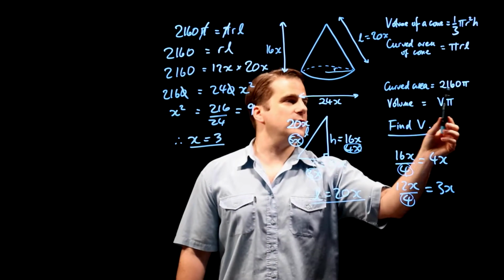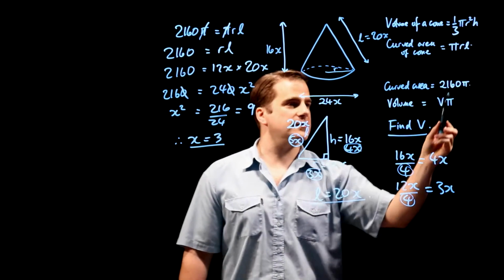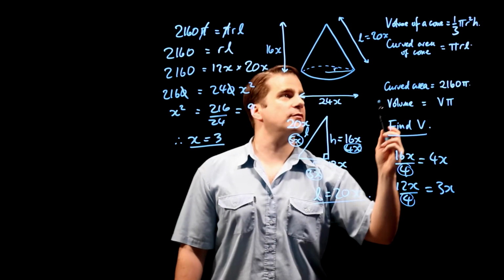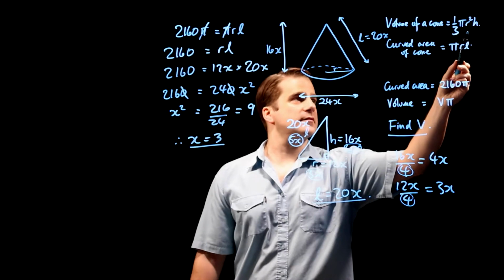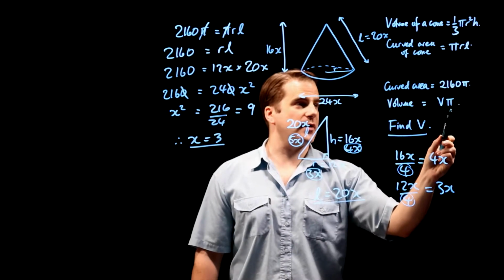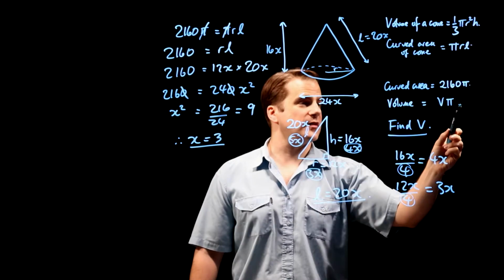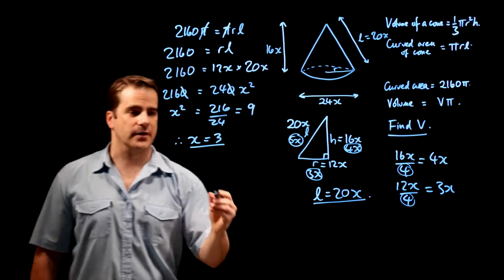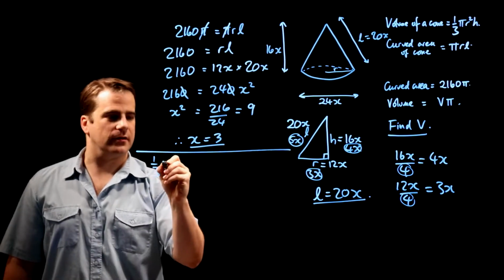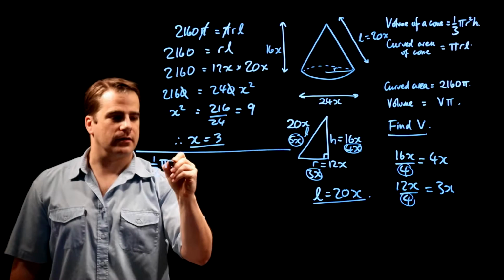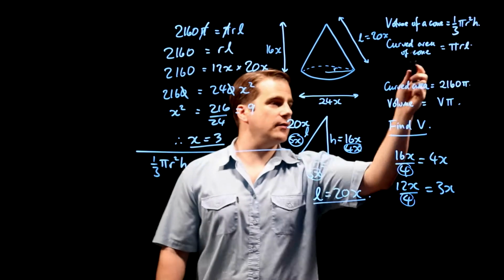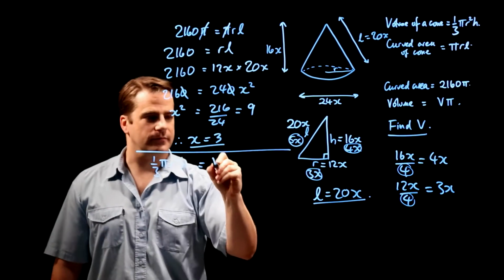So we've used that. Let's use this next. The volume of a cone is a third pi r squared h. And they've also told us that the volume is V pi. So same thing again, that must equal that. So 1/3 pi r squared h equals the volume of a cone, and they've told us it's V pi.